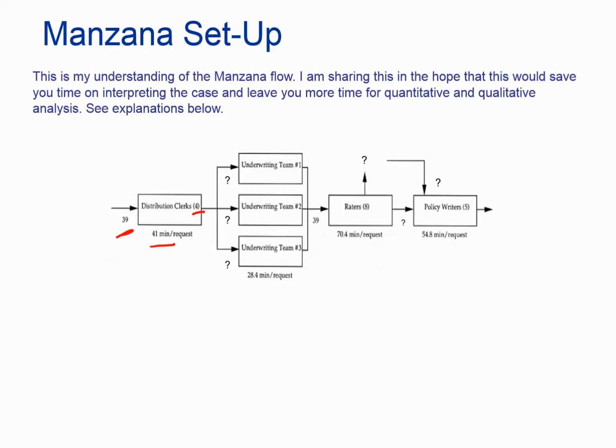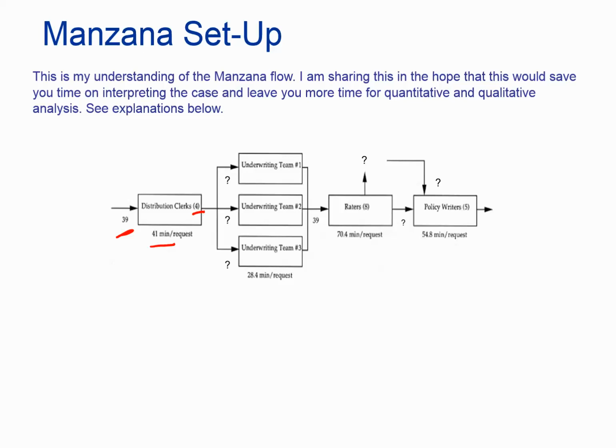As the units output from station 1, they get distributed into three different regions, and there is an underwriting team for each of these three regions. So this total arrival rate of 39 has to be distributed between these three regional underwriting teams.